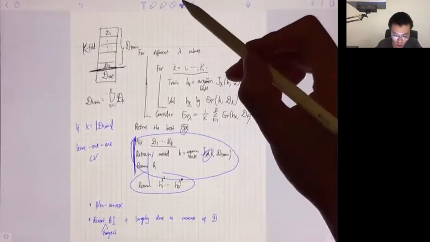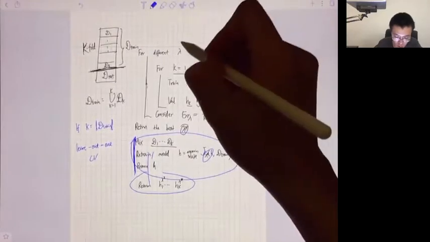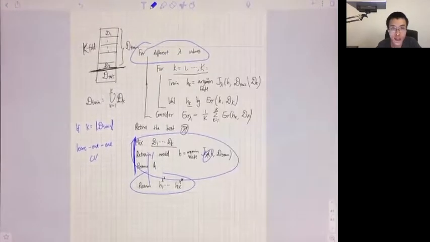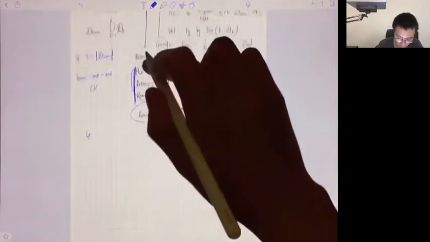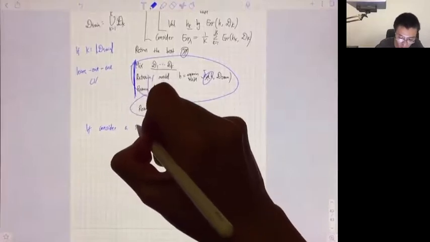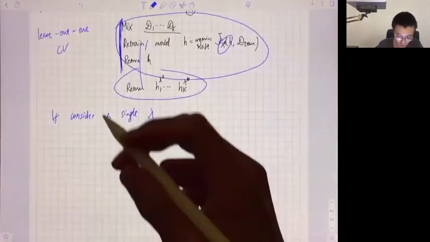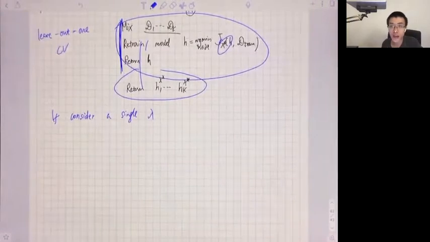So we still have a hole here. How do I tune this? How do I try different lambdas? So if we consider a single lambda, usually you can tune it by a line search. Usually you do it in a multiplicative fashion.